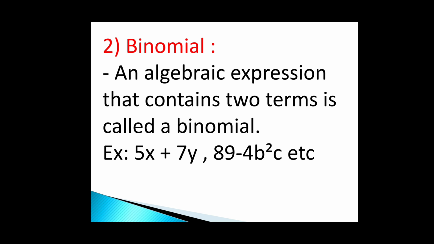Similarly, 89 minus 4b square c. 89 is one term and 4b square c is another term. So I say that 89 minus 4b square c is a binomial expression, because two terms are separated by a minus sign. 2 stands for binomial, correct?